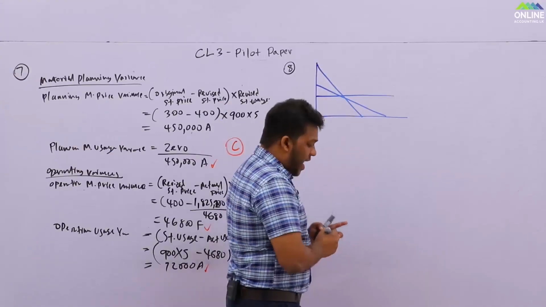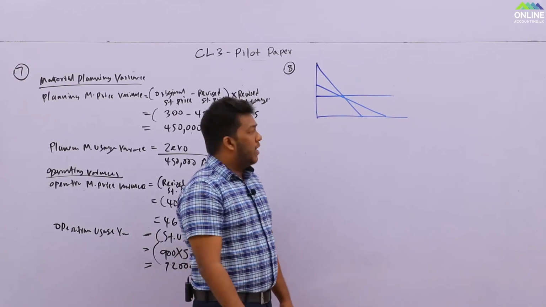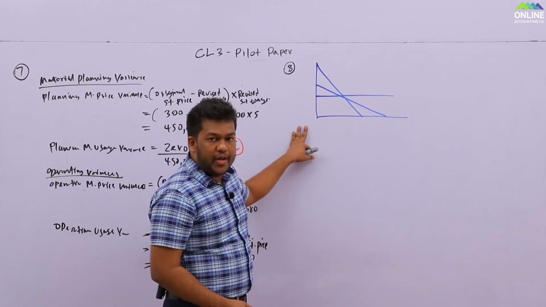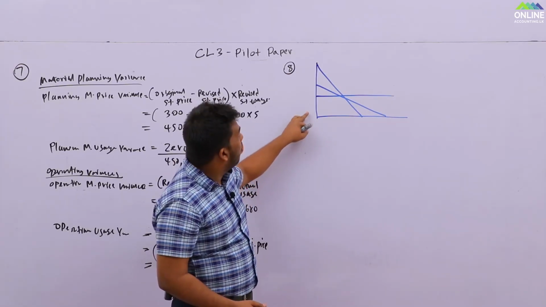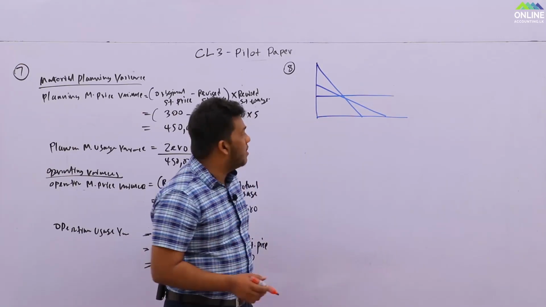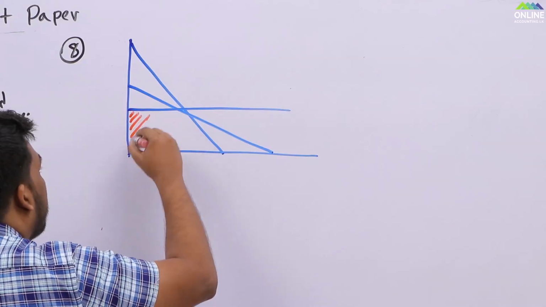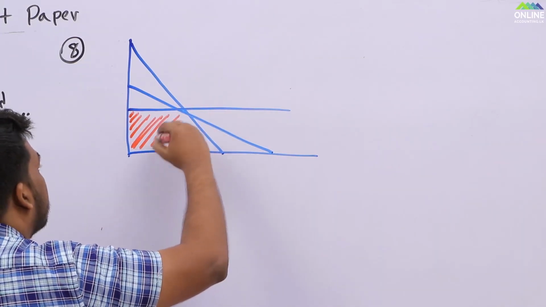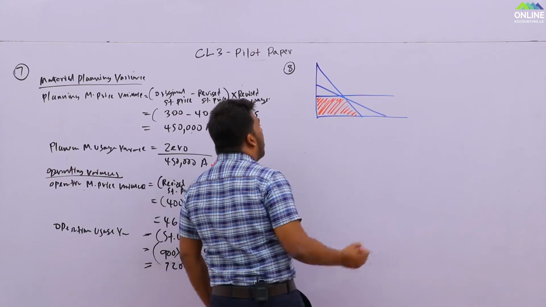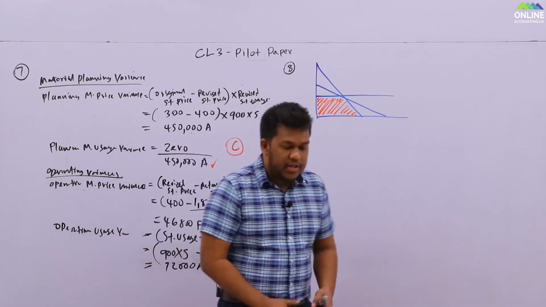You know, I have already done this when we were doing the limiting factor decision making. I have done it in the smart board, right? I have shown you all these areas where you will be having the feasible area. Feasible area is this. And from the feasible area also you have to know in which place you will be having the optimal solution.